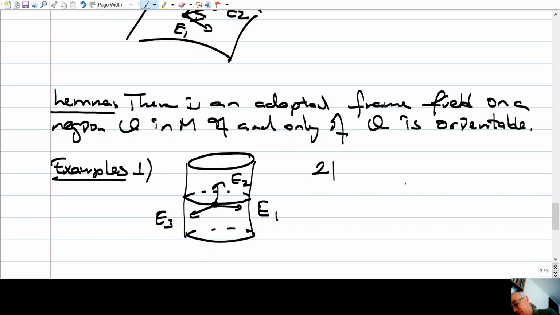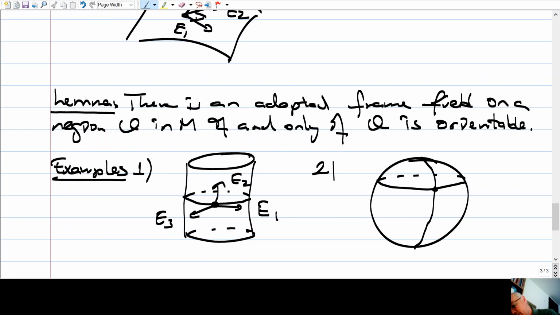Similarly, for a sphere, let's say we have a point on a parallel here, and then we have also, of course, a meridian.